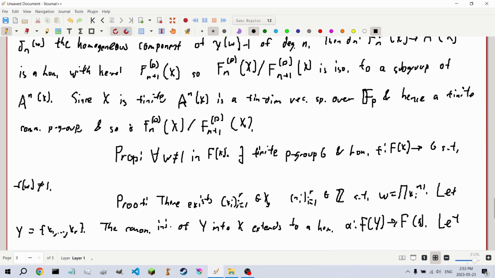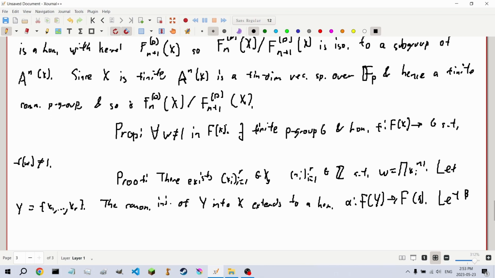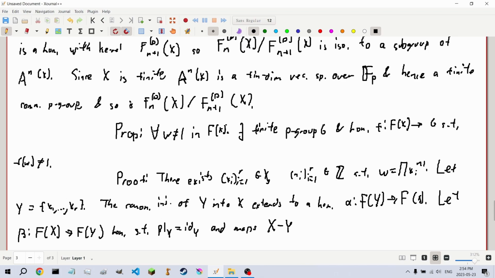Now we're going to let beta be the homomorphism of the free group of X into the free group of Y such that the restriction of beta to Y is the identity on Y, and maps the elements in X not in Y to 1.